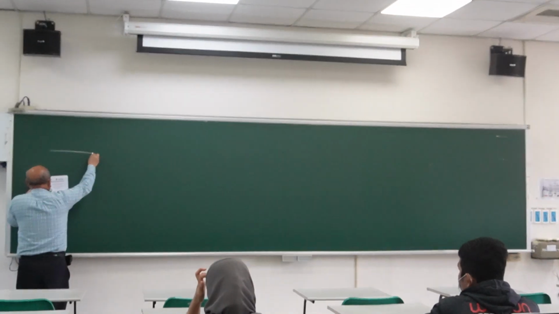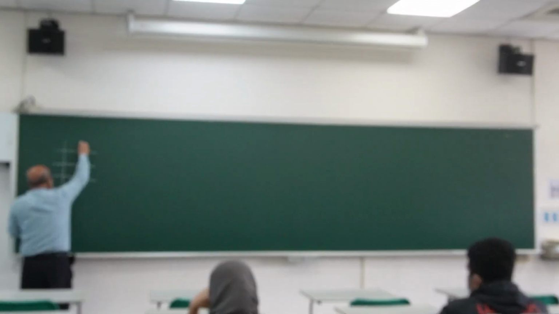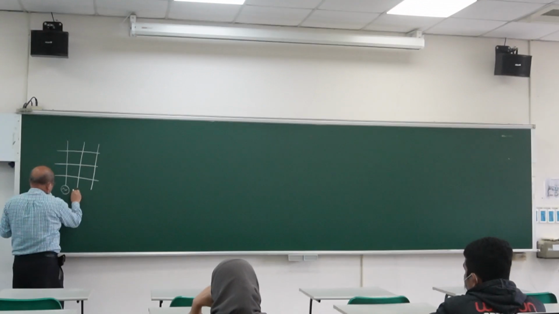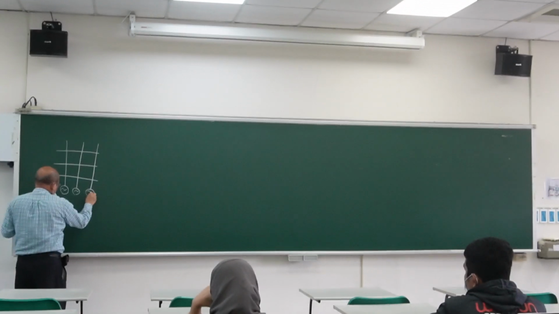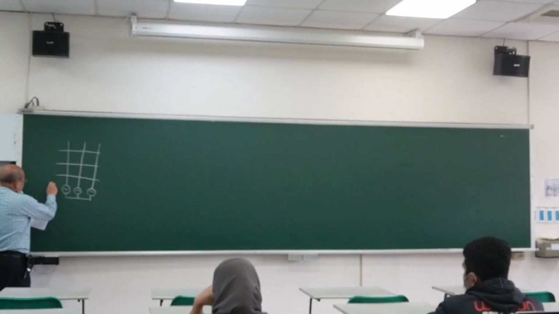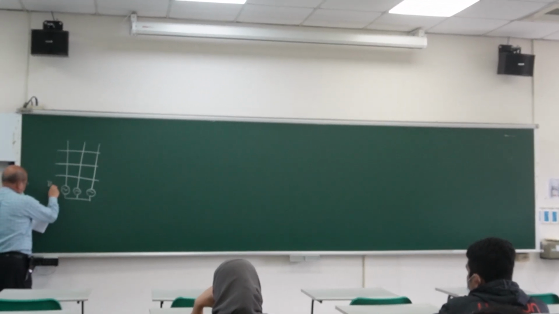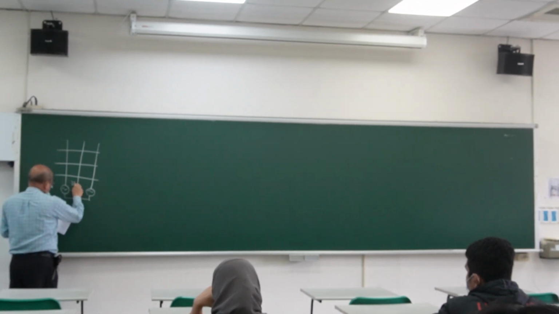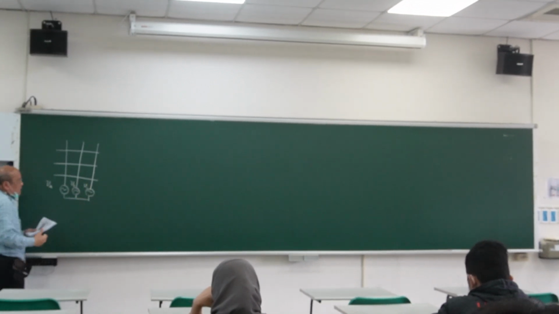Okay, so we know we have a matrix converter. So we have input voltage. So this is VA, this is VB, this is VC.